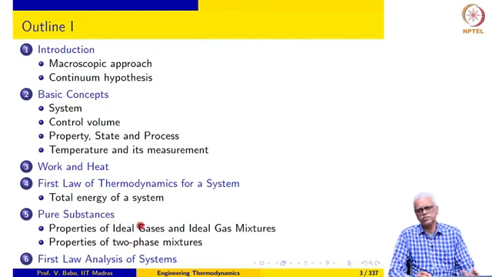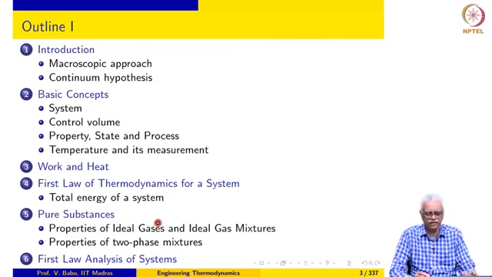The types of working substances that we have in engineering thermodynamics, in particular mechanical engineering thermodynamics, are of two kinds. One is ideal gases. Note that a mixture of ideal gases may itself be treated as an ideal gas after taking care of the fact that it is composed of different components. So, we have ideal gases and we have two-phase mixtures in mechanical engineering. Under the category of two-phase mixture, we encounter the water steam working substance, which is used in many applications in mechanical engineering, like for instance the thermal power plant.